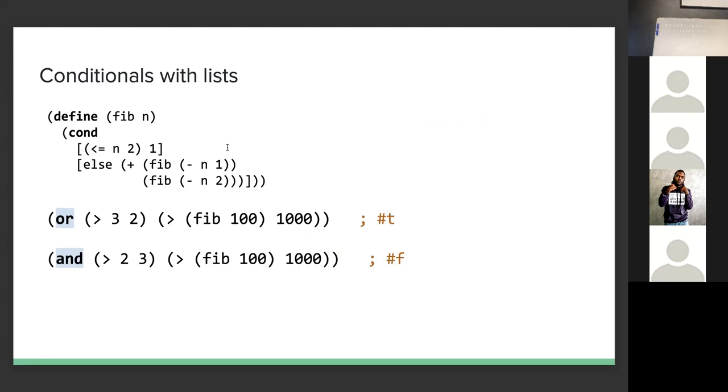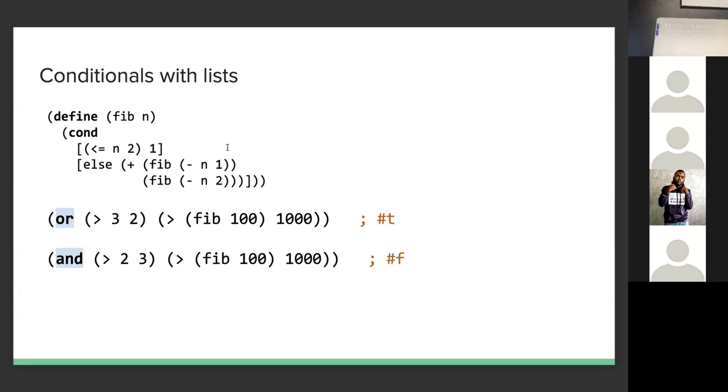Just like in your favorite programming language, when you have a series of logical expressions to evaluate with or and and, typically you don't want to evaluate all of them. If you're evaluating or, you just want to evaluate until the first truth, and then you already know the result is going to be true, so you don't have to evaluate everything else, right?